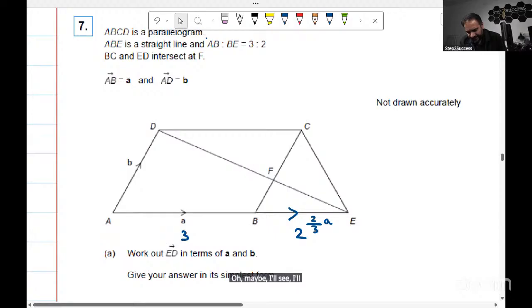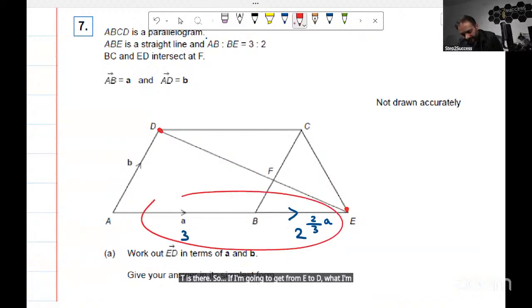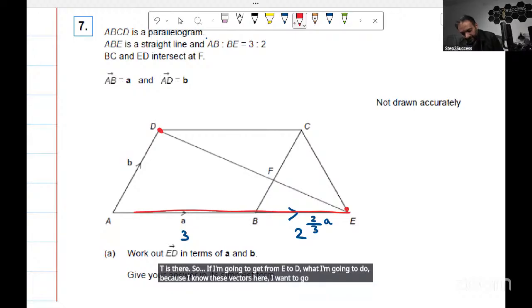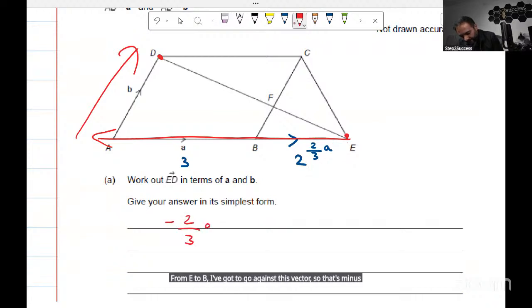Right, E to D. E is there. D is there. So if I'm going to get from E to D, because I know these vectors here, I'm going to go this way and then this way. Right. So if I go from E to B, I've got to go against this vector. So that's minus 2/3 A, because I'm going against the arrow.